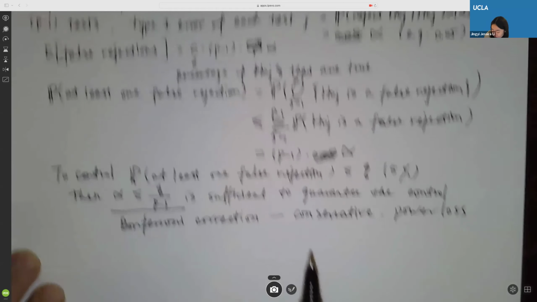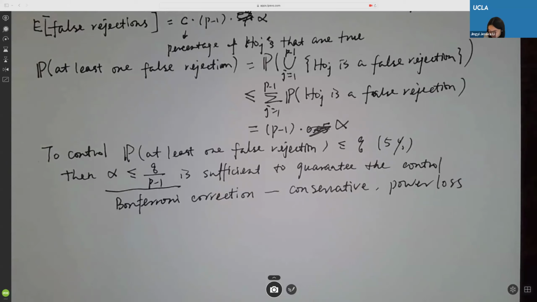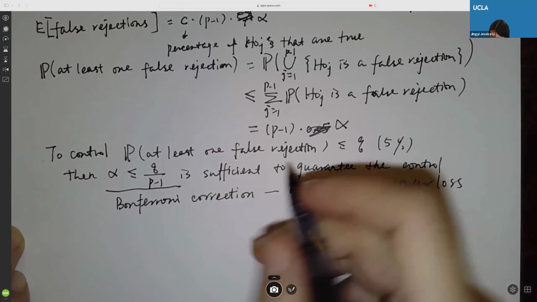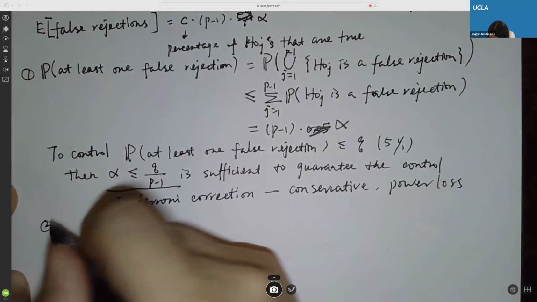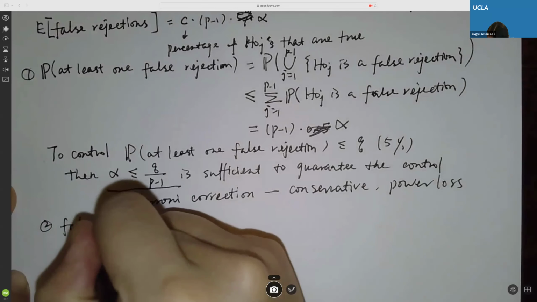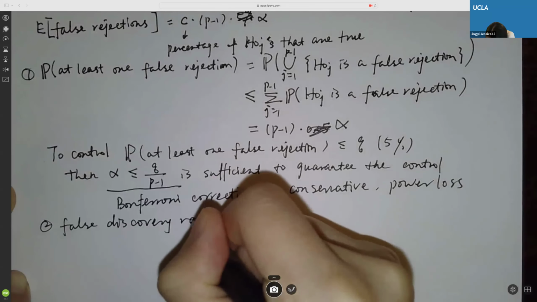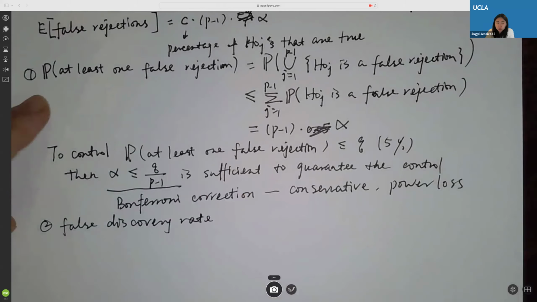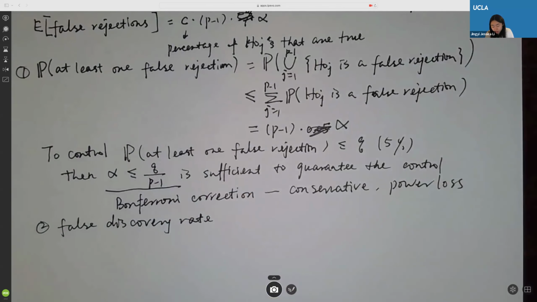So I just want to say a little bit, but I would say this is not the focus of this class, so I won't go in depth. Besides Bonferroni correction, there's another criterion which is called the false discovery rate. It's different from this criterion of at least one false rejection probability.